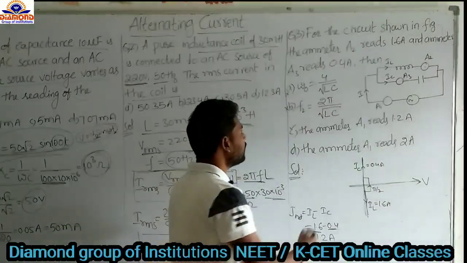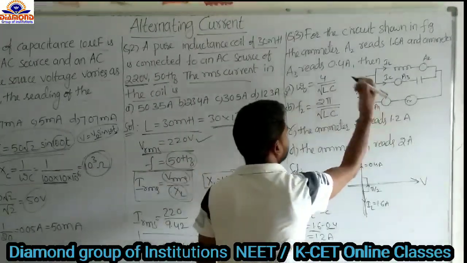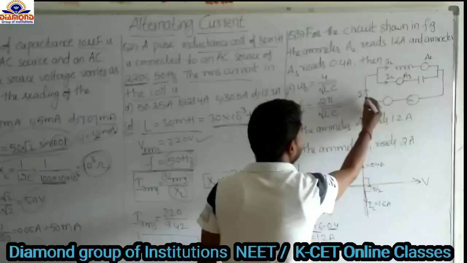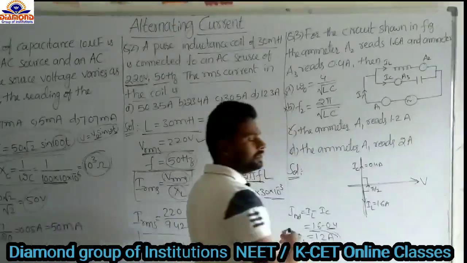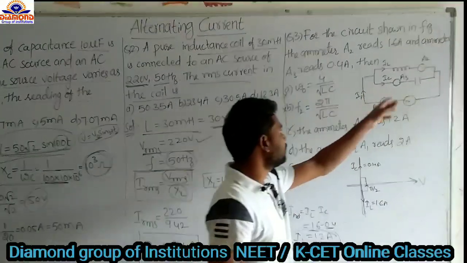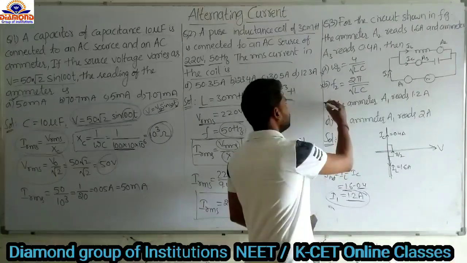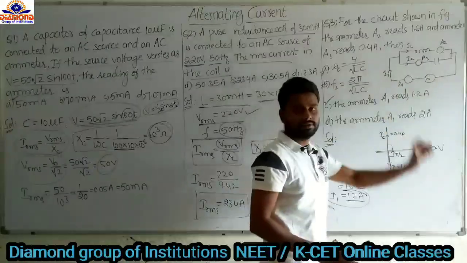The net current is nothing but the reading of the ammeter A1. So what is the reading of A1? The current flowing through A1, I am assuming I1, so I1 equals 1.2 amperes. That means the current flowing through this circuit is 1.2 amperes. So the reading of the A1 ammeter is 1.2 amperes. Remember that one.